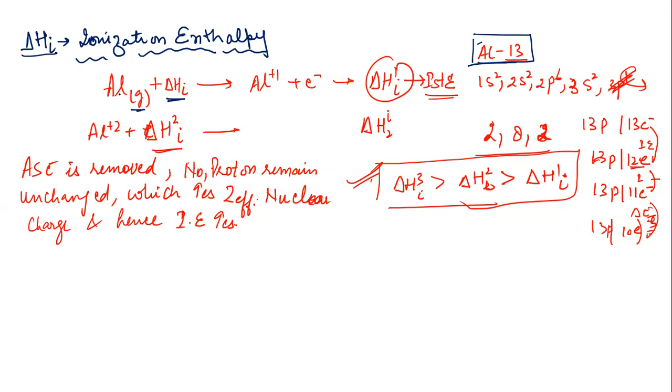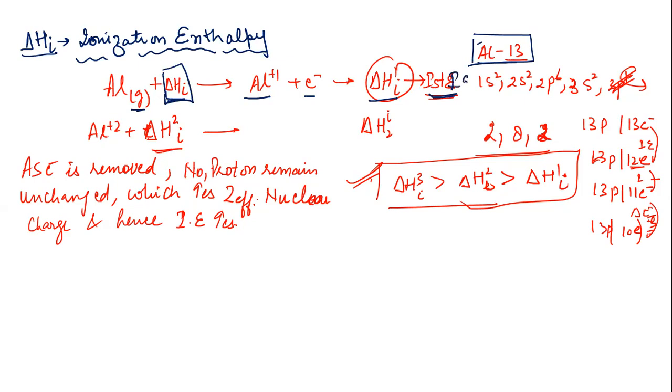Aluminium in gaseous form, this G means it is in gaseous form. We provide some energy. It is converted into Al plus 1 plus an electron is moved out. Then again, I give some more energy. So this delta Hi is the first ionization energy.